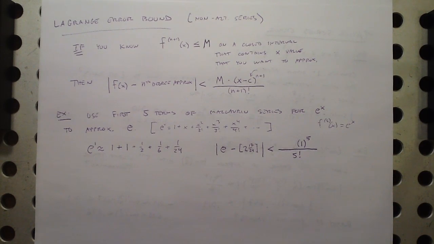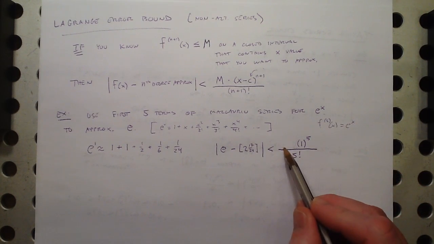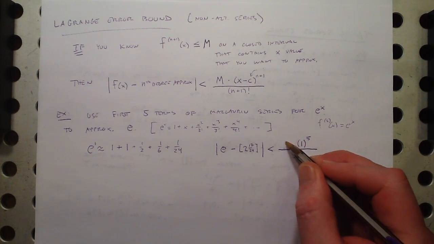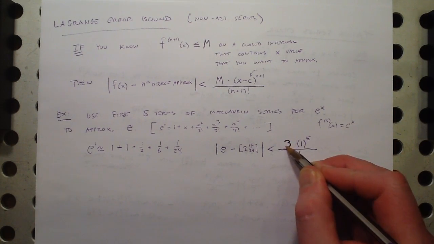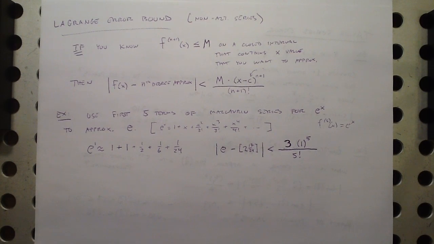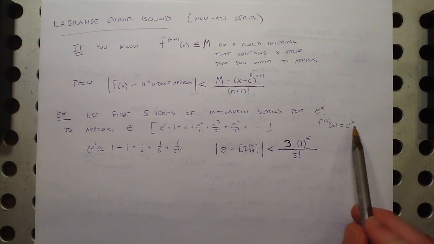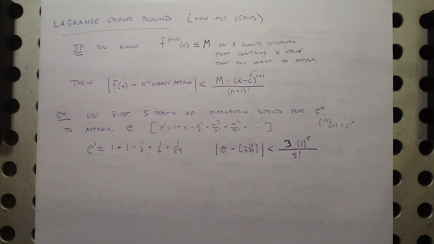That would be kind of bogus to do. But I could, like, just round up a little bit and say, you know what, e is, like, it's close to 3. So without losing too much of my accuracy here, I could say that, right? That's definitely a maximum value. I know that the 5th derivative of e to the x on an interval that contains 1 is definitely capped by 3, right? It's not going to be bigger than that.